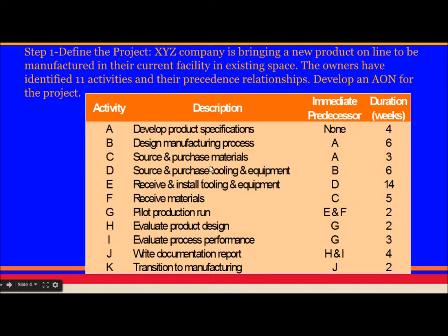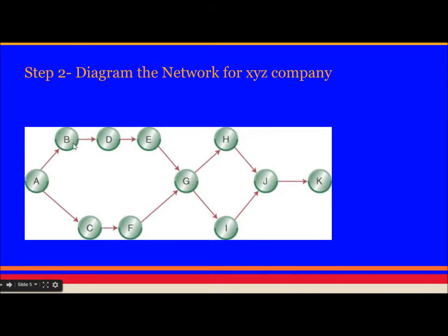So looking at this, we should start drawing the diagram. First is activity A, develop the product specification, which has a 4-week duration. So we will draw a circle which we define as activity A with duration of 4. First, we'll just draw the diagram without the duration.